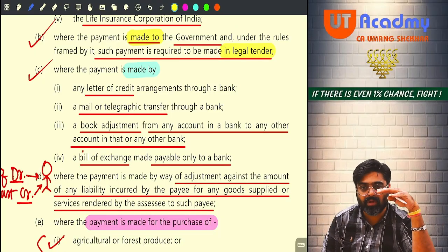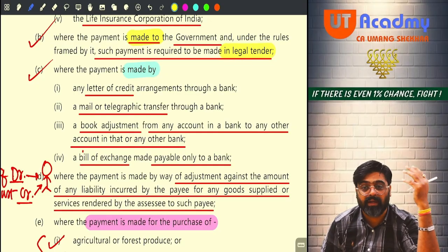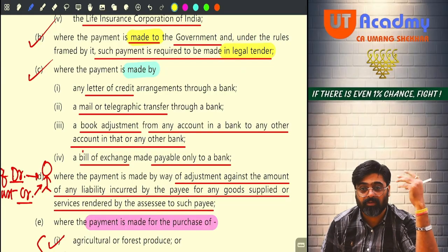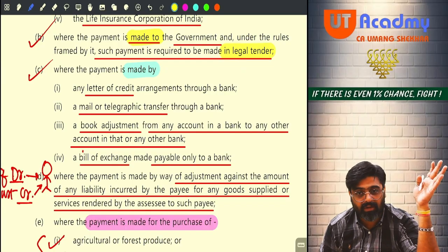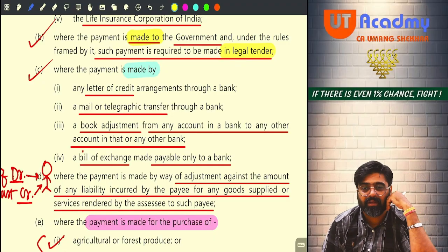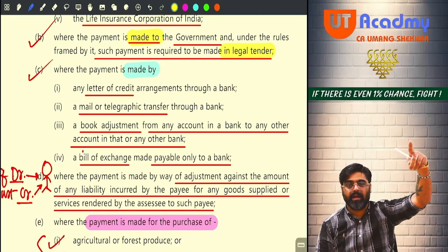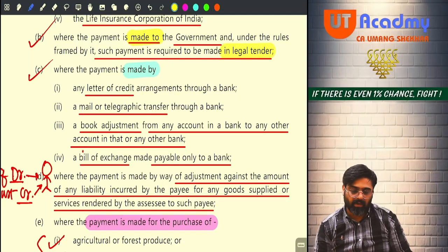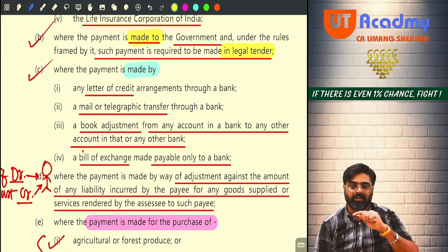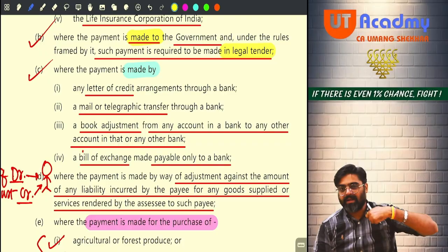Sometimes to import the goods from outside India, you have to issue a letter of credit to that opposite party. He will not sell you the goods without this LC. A seller sitting outside India, from whom you are buying goods or services for your business or profession, will tell you, okay, we are ready to sell you the goods.